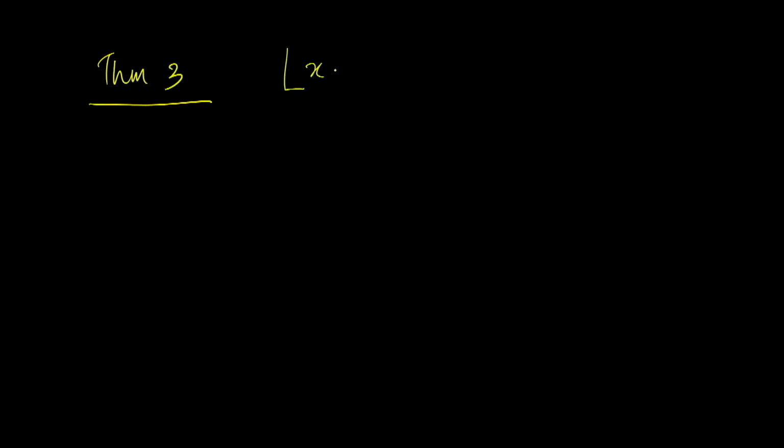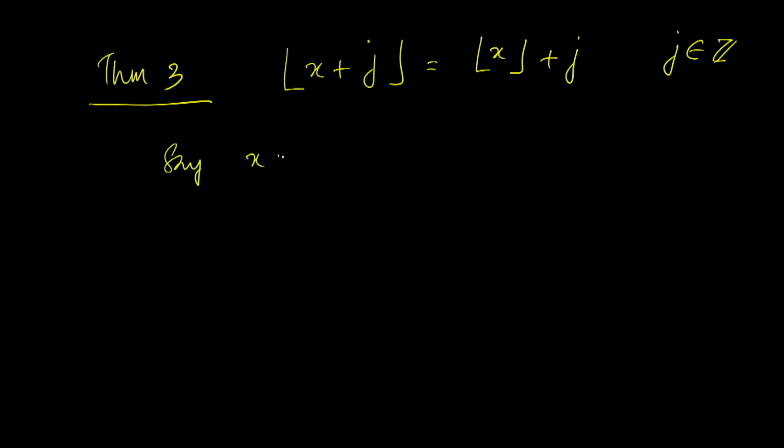Thirdly, the floor of x plus j is the floor of x plus j for any integer j belonging to Z. Say x is n plus epsilon, where epsilon is as before, then floor of x plus j would be the floor of n plus j plus epsilon. n is an integer, j is also an integer, so n plus j is an integer.